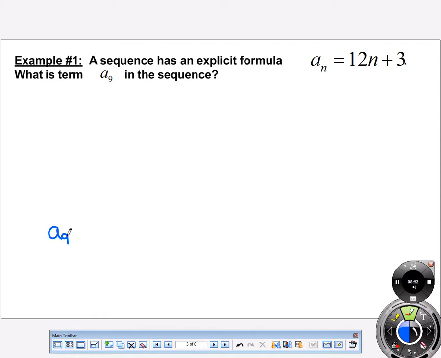I'm looking for the 9th term, so I don't have to call it n anymore. That means in the formula, n becomes 9. And when I finish this calculation, I'm going to know which number is in that ninth spot in my list, or my 9th term in my sequence. Okay? So 9 times 12 is 108 plus 3, 111. Will somebody please check my arithmetic?